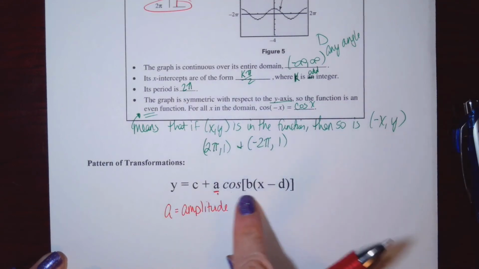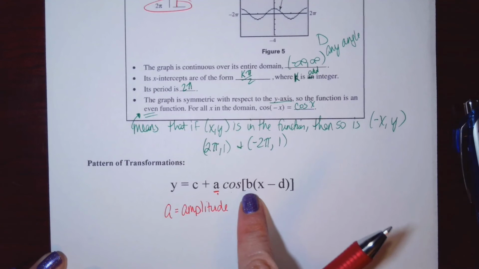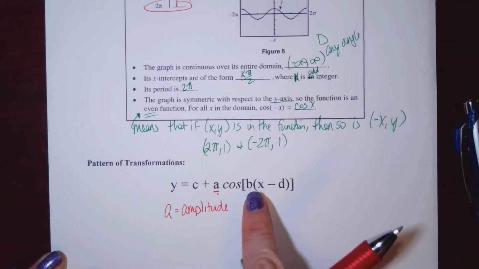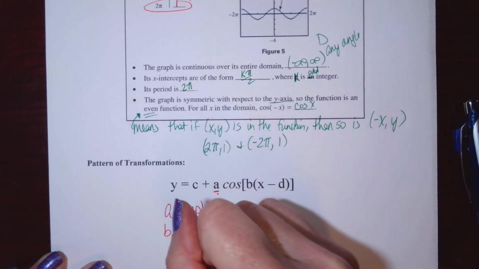B, now notice that I got some grouping going on here. So B is a coefficient on the x, but we assume it's been factored out. So B is going to be my period change.